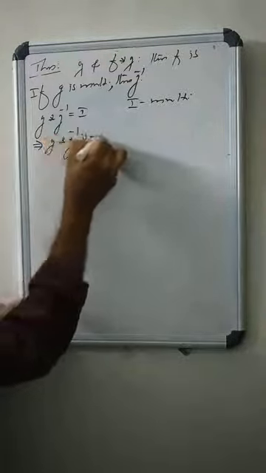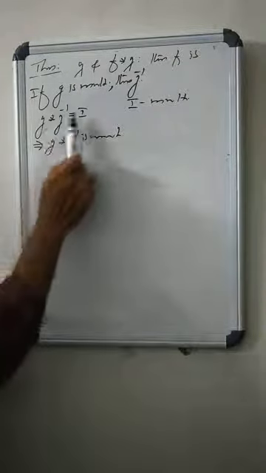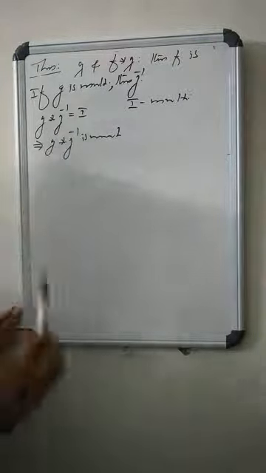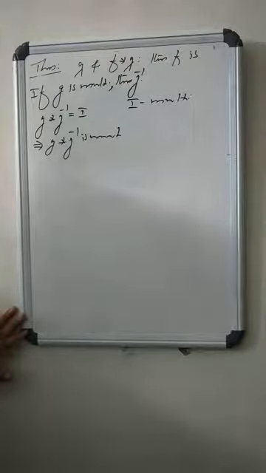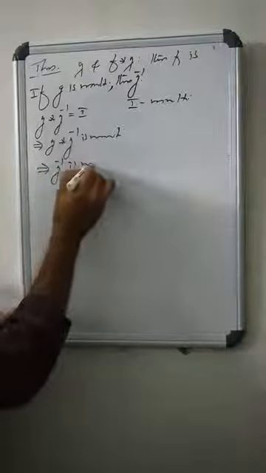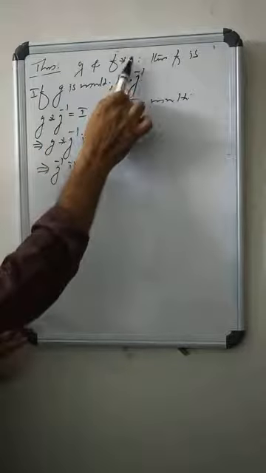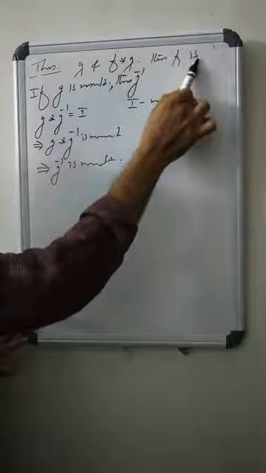So listen, when f is multiplicative and g is multiplicative, f star g is multiplicative. Okay, so I is multiplicative, g is multiplicative, and g star g inverse is multiplicative. So from here, what do you get? G inverse is multiplicative. Agreed? When g is multiplicative and f star g is multiplicative, then f is multiplicative.